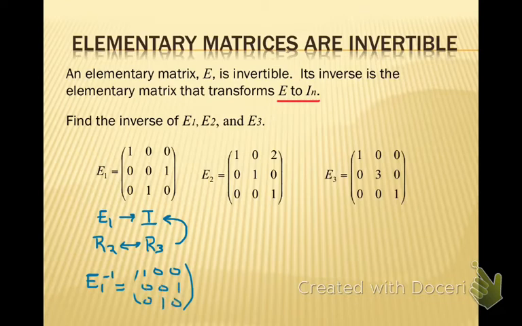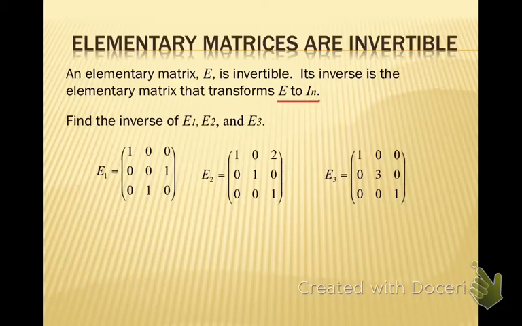Again, we perform an interchange of rows 2 and 3 on the identity to get the inverse. Notice that E1 is its own inverse. So E1 inverse is equal to E1. At this point you should pause the slide and perform the multiplication of E1 with E1 inverse on both the left and right to verify that it is indeed the inverse.